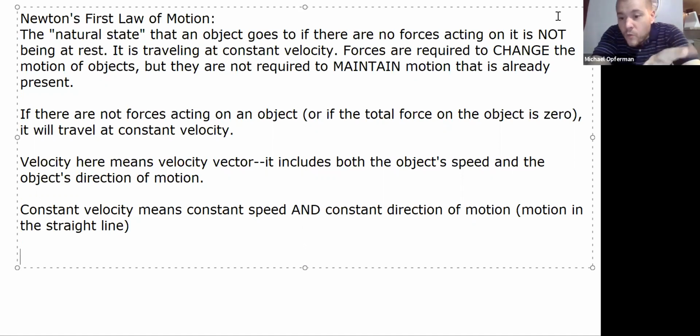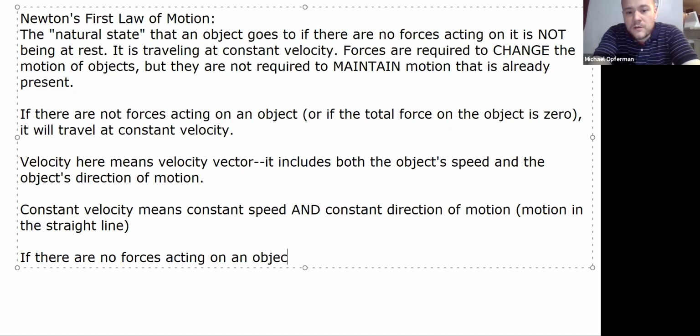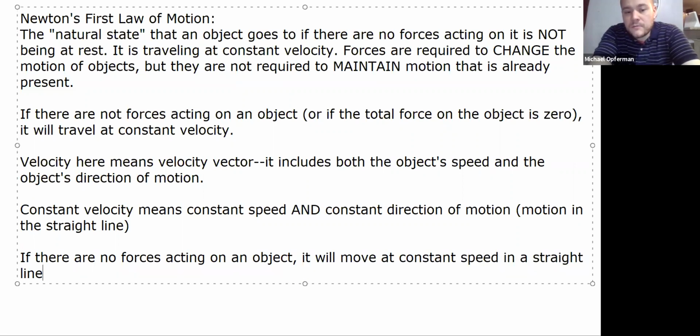So yet another way of saying Newton's first law of motion is that if there are no forces acting on an object, it will move at constant speed in a straight line. So you have to have a force to change the speed of an object.